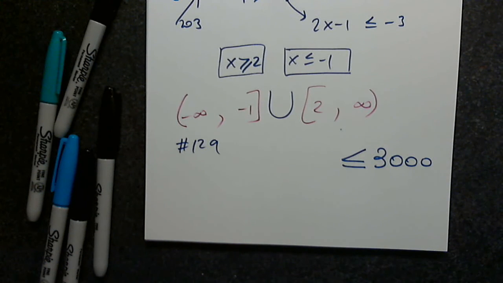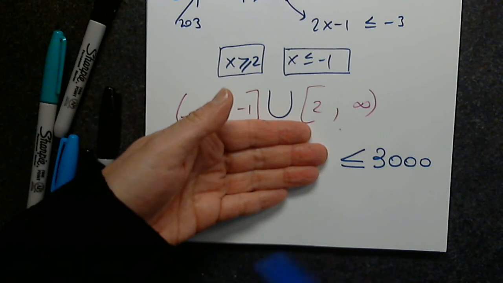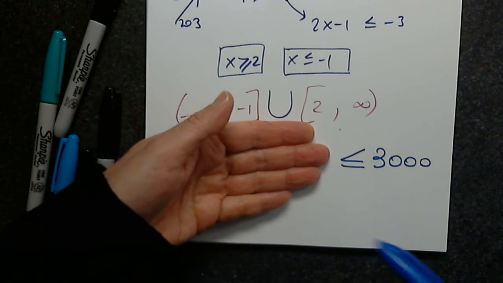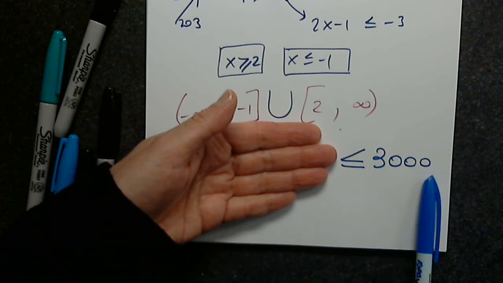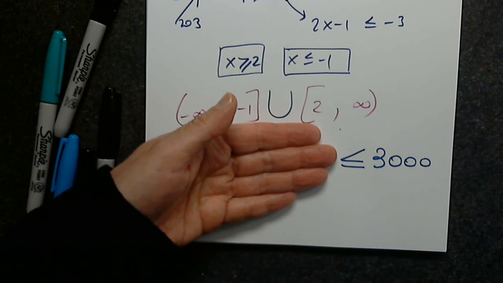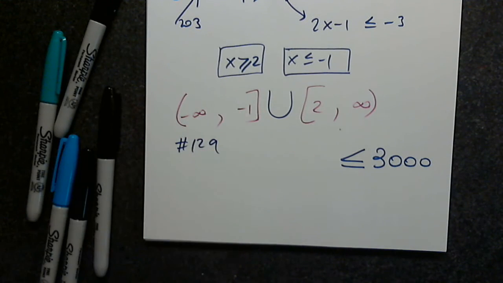It has a maximum capacity. It cannot be exceeded. So whatever I write here, I don't even know what I'm going to write, but this has to be less than or equal to 3,000. The elevator will not move up or down, or mainly up, if it exceeds 3,000 pounds. Okay, so now let's go back. This is what I see right away.